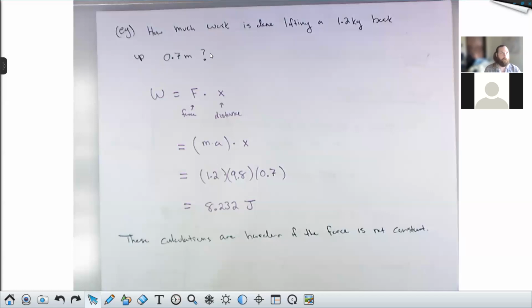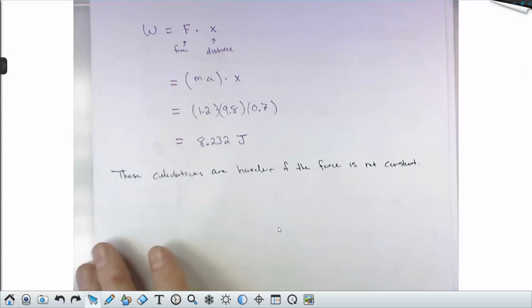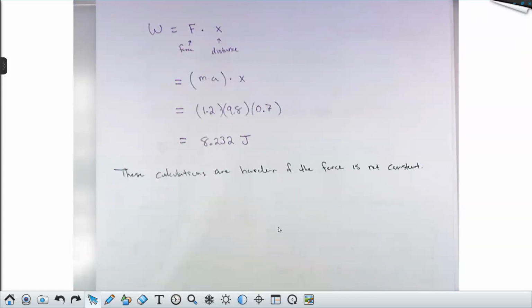Here on Earth, we just never go far enough from the center of the Earth for it to really get a lot different from 9.8. But there are many other scenarios where you encounter forces that do change. A good example of this is a spring, right? So this law was discovered by a physicist named Hooke back in, I think, the 16th or 17th century, the 1600s.